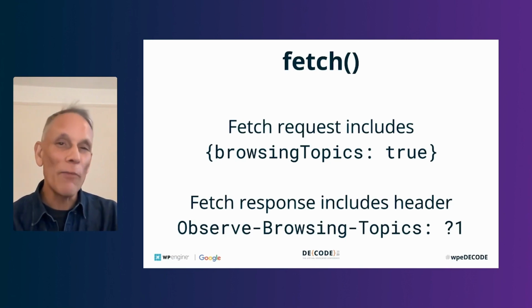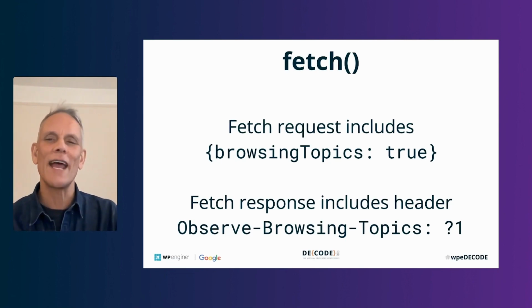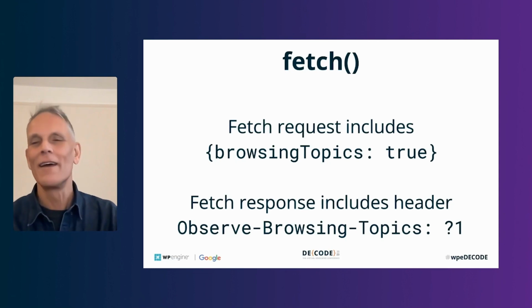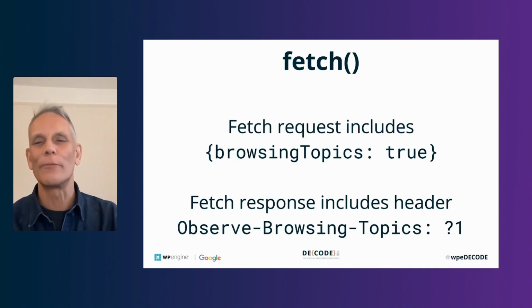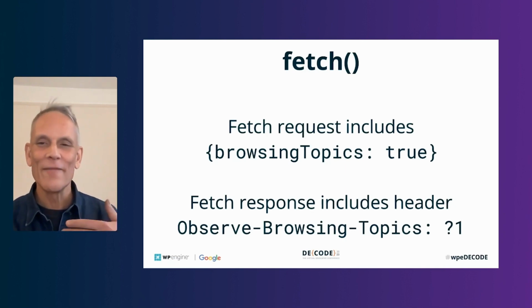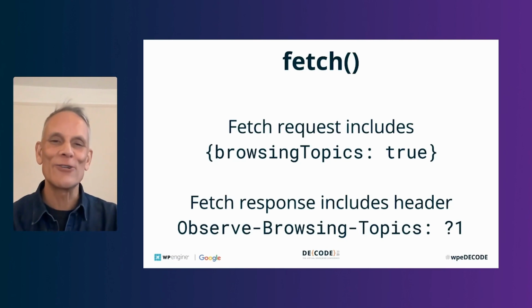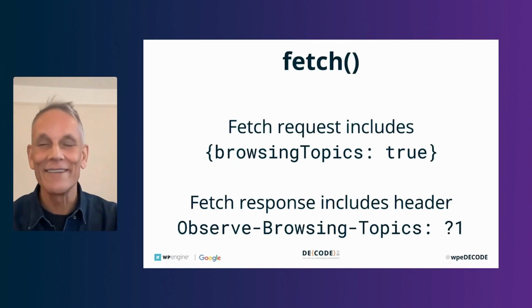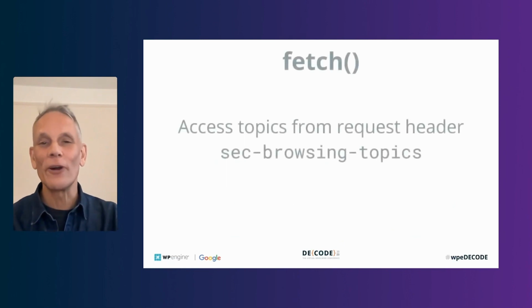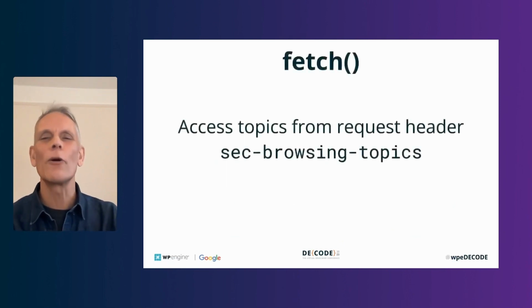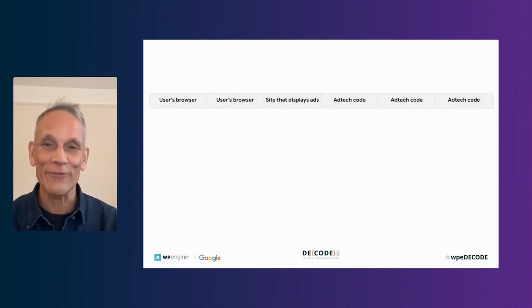If the response to the fetch request includes an Observe-Browsing-Topics: ?1 header, that signals to the browser that the caller wants the browser to record that the caller has observed the topics of interest for the current user for the current page. I hope that makes sense. Topics observed for a user can be retrieved from a caller's fetch request by accessing the Sec-Browsing-Topics request header. So here's the whole process from start to finish.